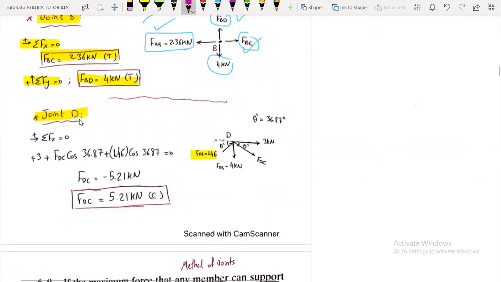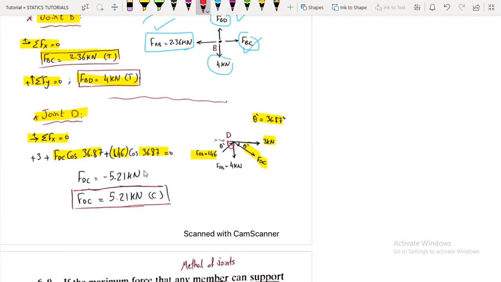So here is our joint D, summation of forces in the x direction. We will get our unknown FDC. Okay, and theta prime, we have said it is 36.87. So we have plus 3, the external force, plus FDC cosine theta prime, plus 1.46 cosine theta prime. See here, I have assumed it to be in compression, okay?